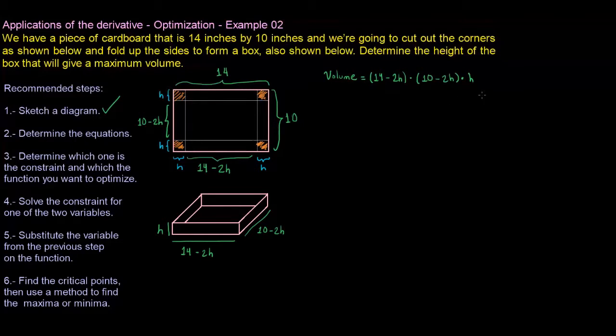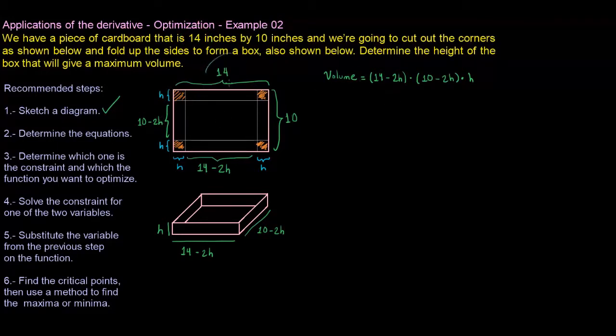There it is. Now here comes the thing, which one is the other equation? Now this is kind of tricky, because as we can see here, there is no other equation. So we could say that we have no constraint in this problem. But we are implicitly using the dimensions of 14 and 10 inches to produce and substitute on the final volume.